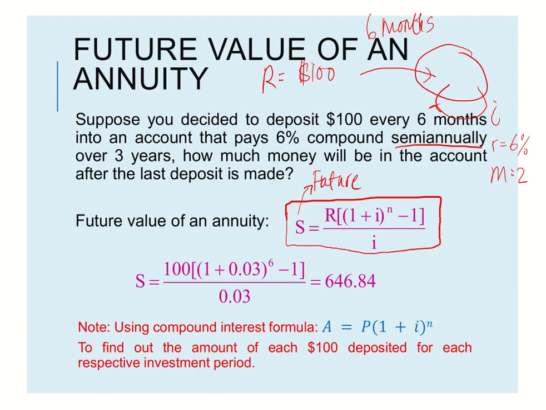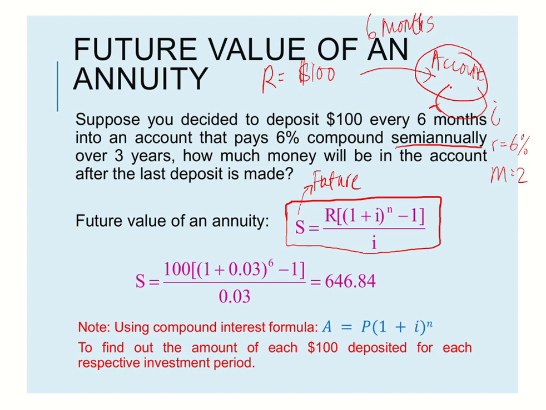So now from here, we actually know that this account has 2 types of income. The first type of income is the regular payment. Every 6 months, there will be $100 paid into this account.